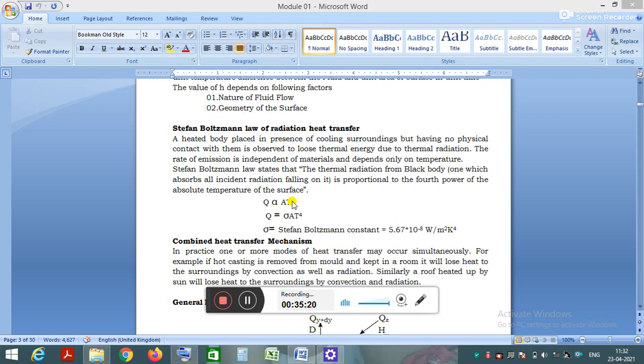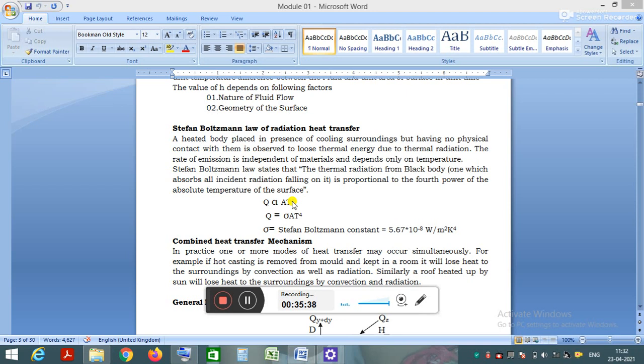That means the amount of radiation emitted by a black body is directly proportional to the fourth power of the temperature, and the surface area which is exposed to the heat transfer.